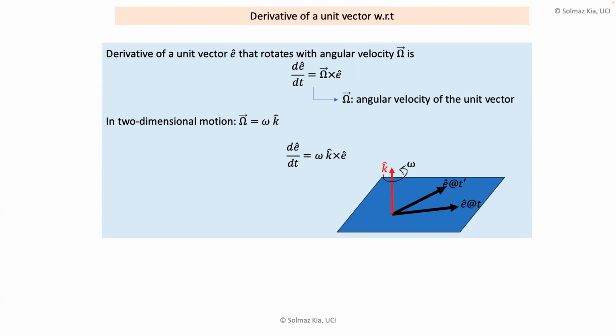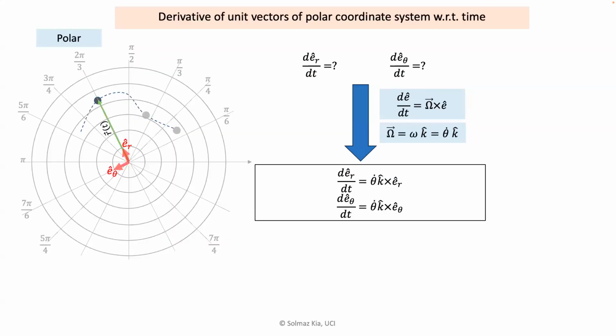Let us denote the unit vector in the perpendicular direction with k hat. Then the angular velocity in the two-dimensional space is omega, which represents the magnitude and the sign in the k direction. We will always assume that the positive direction for k is pointing out of the plane and the positive sense of rotation is counterclockwise.